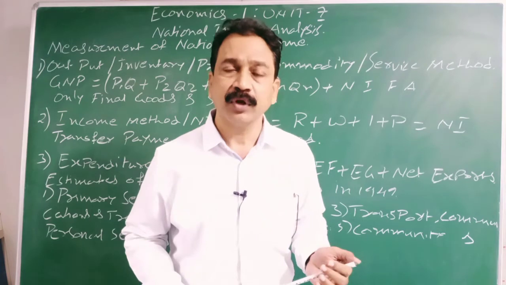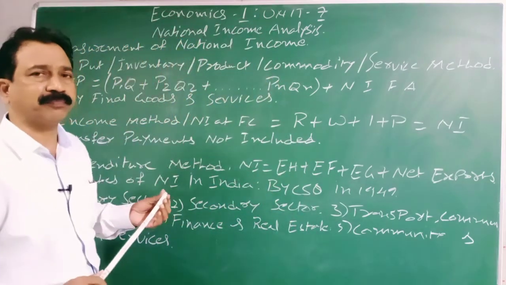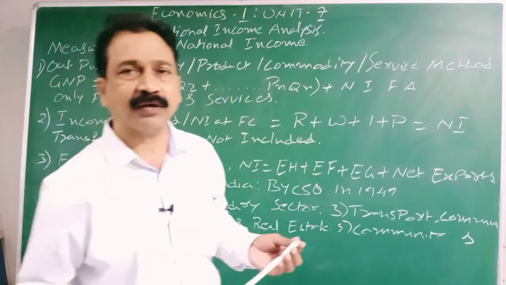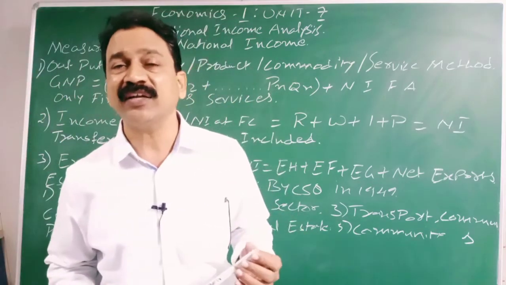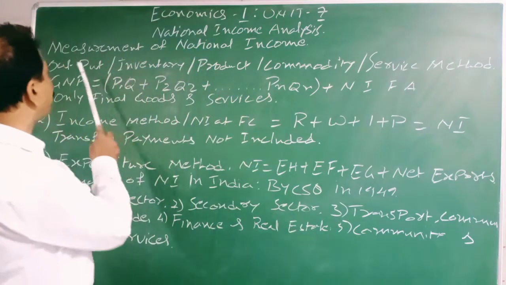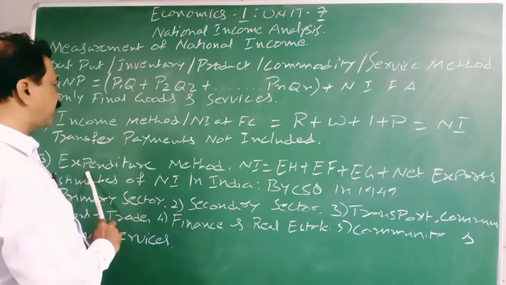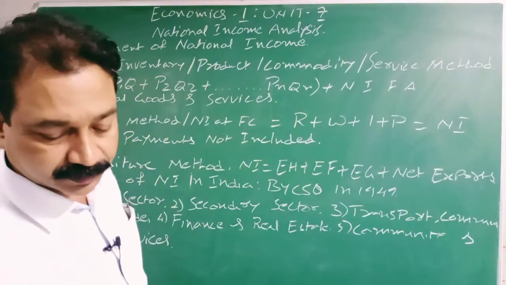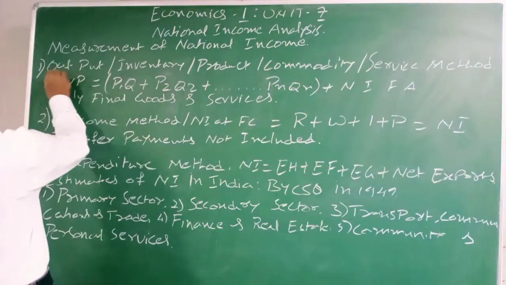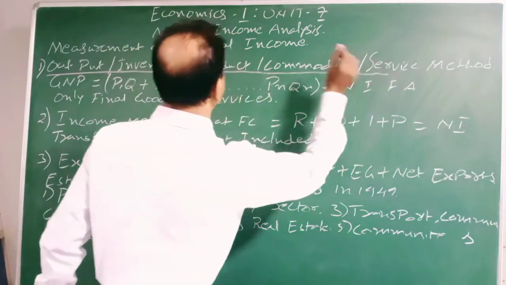Now, today we are going to study about calculation methods of national income. How do we calculate the national income? Mainly we calculate the national income in 3 ways. One is output method, another is income method, third is expenditure method. The output method is the product or commodity services method.